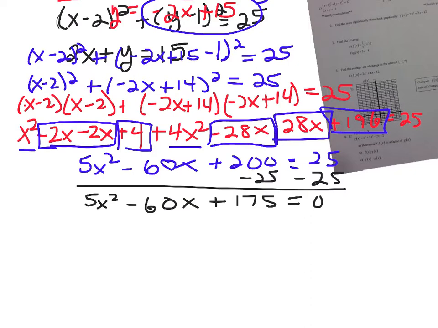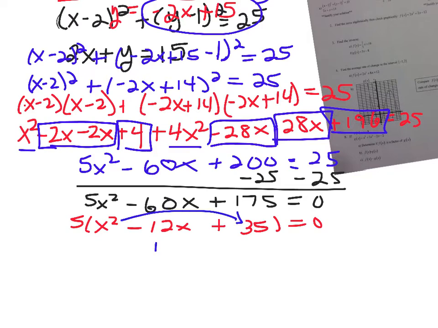Okay, and then I noticed there is a GCF. The GCF is 5. And now I'm going to factor. It is factorable. So I'm going to do master product. So it's positive 35x squared. So what multiplies to 35 and adds to negative 12 will be negative 7x and negative 5x.